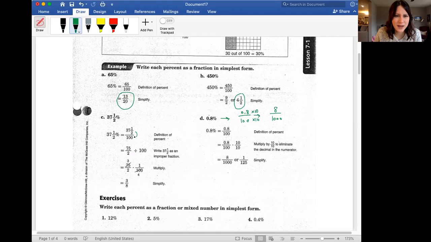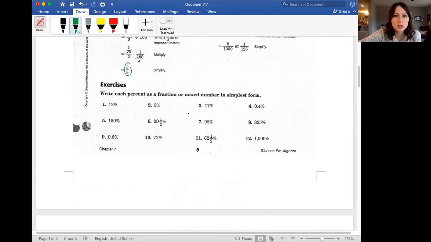So I think they just divided and then wrote it as what that was. Okay, and then divided by 100, multiply the reciprocal, and then it's 3/8. So you can kind of see the process of them reducing the fraction, which you've done before and you know how to do. So what we're going to do next is just practice this a little bit. Write this as a percentage over 100.